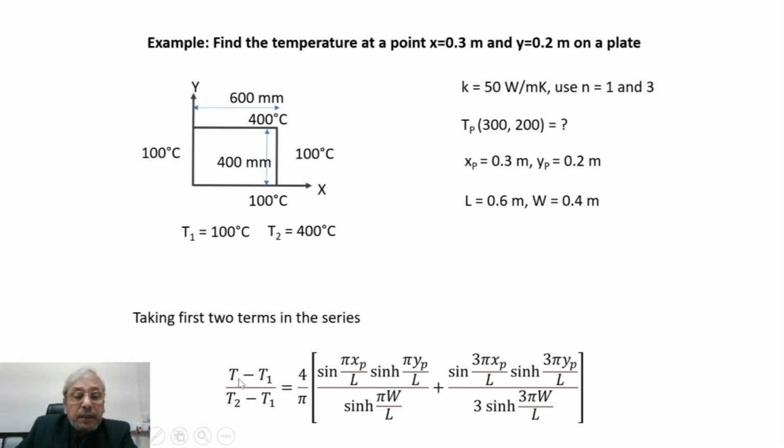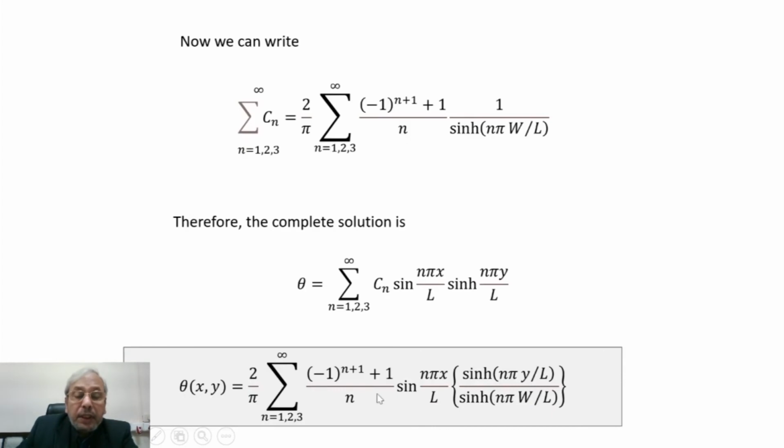So we can write (T minus T1) divided by (T2 minus T1), that is theta, equal to... now we can substitute n equal to 1, find out the expression, n equal to 3, find out the expression.